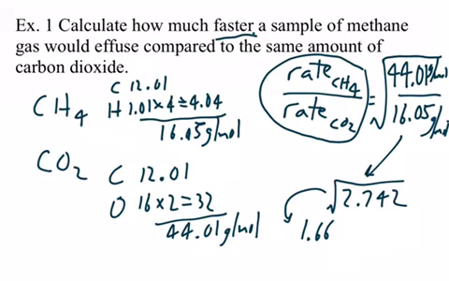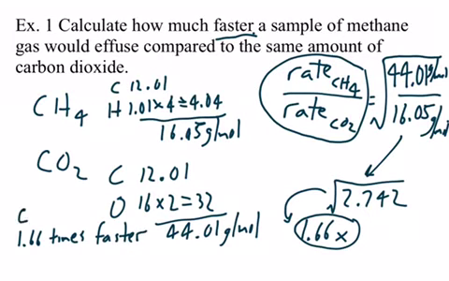Methane will diffuse 1.66 times faster. So we can put it over here. It goes 1.66 times faster, we're talking about methane over here, than CO2. And that makes sense because methane is the lighter gas.